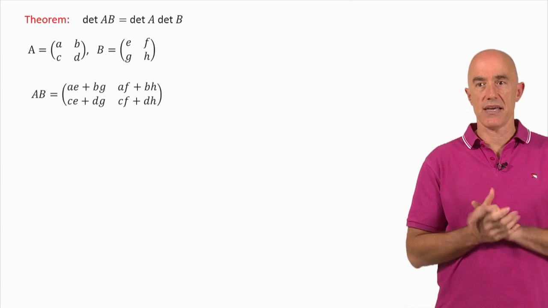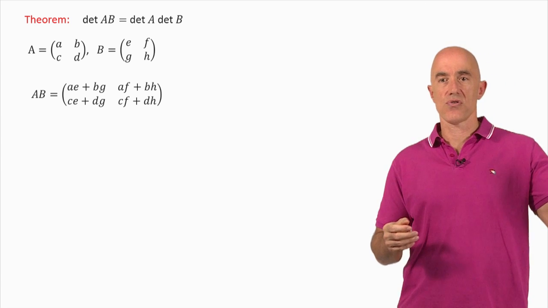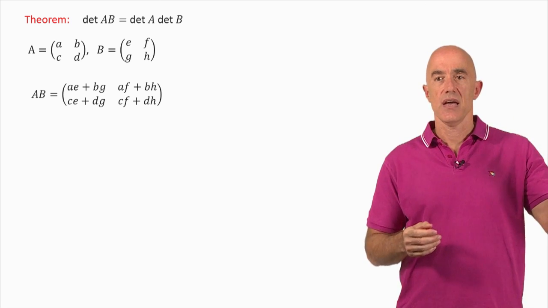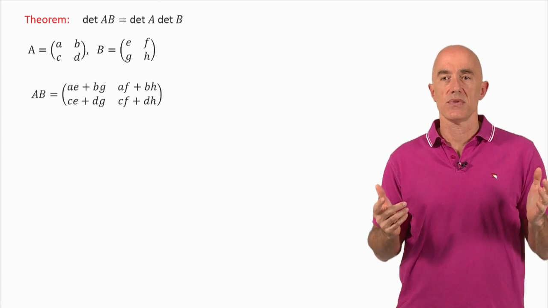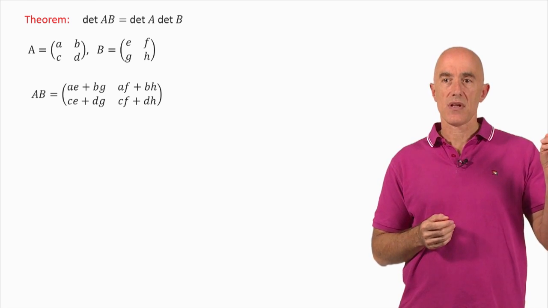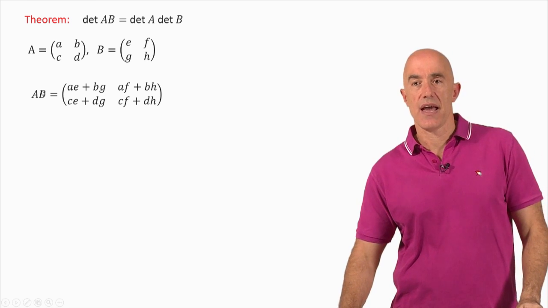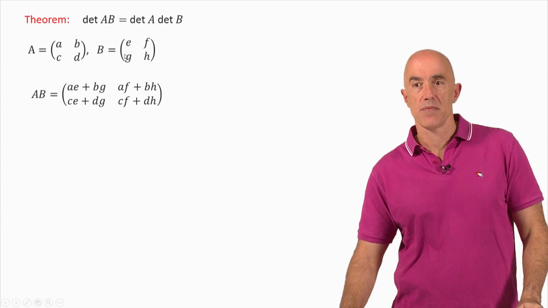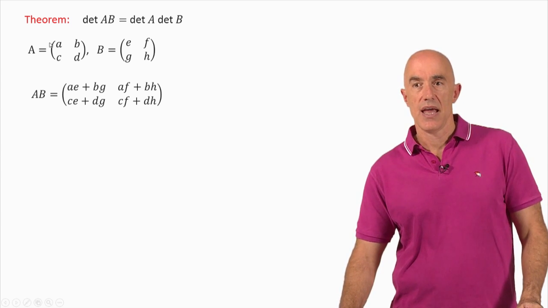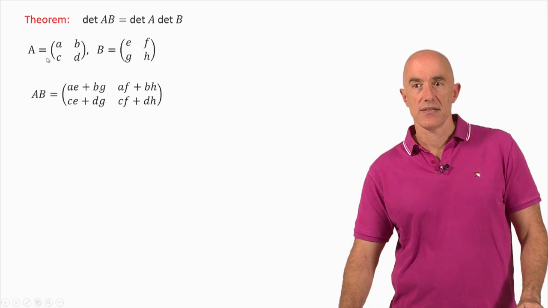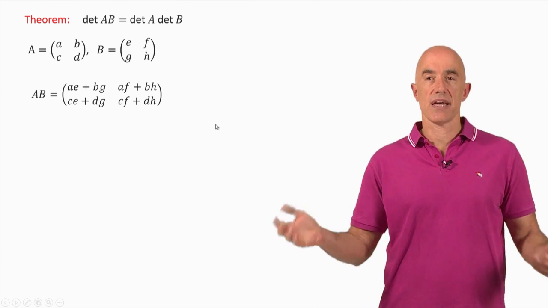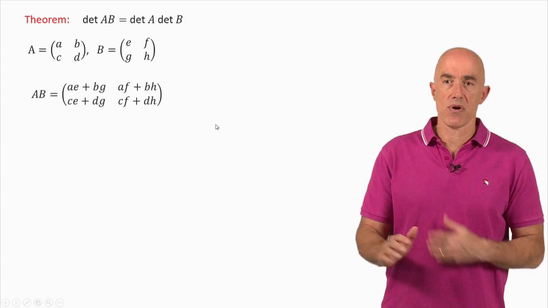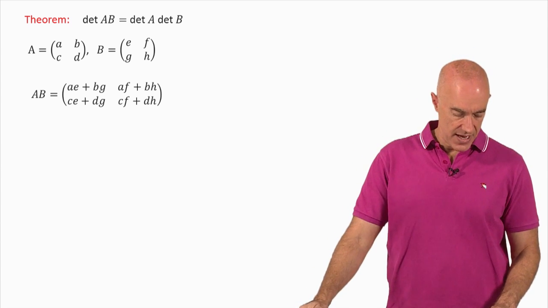So we multiply A times B. We go across the rows of A and down the columns of B. So we have AE plus BG, AF plus BH here, CE plus DG here, CF plus DH here. Okay, so we get the product matrix. Then we're looking at the determinant of AB.